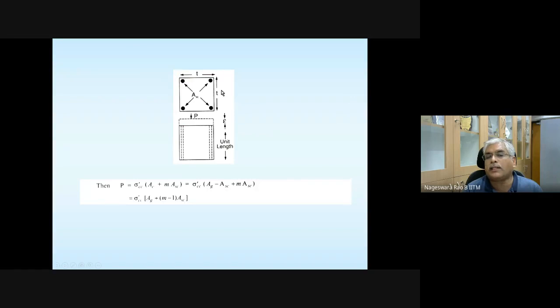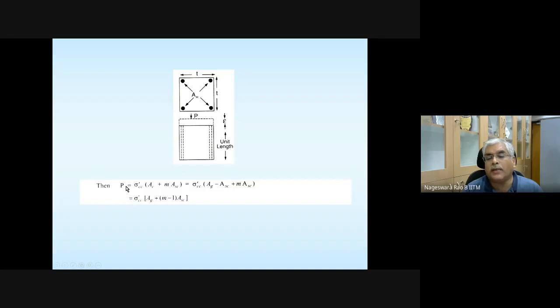So total gross area minus area of steel that is replaced. Is it clear? Area of concrete is gross area minus area of concrete that is replaced by the steel.